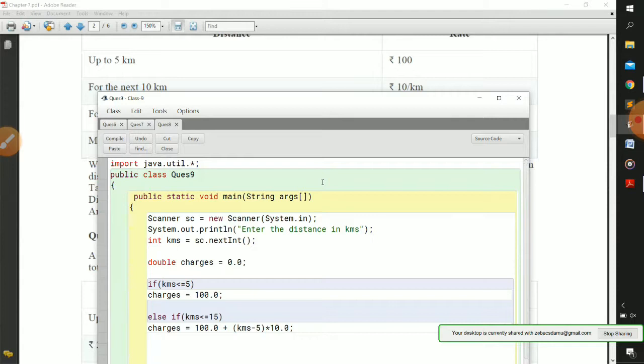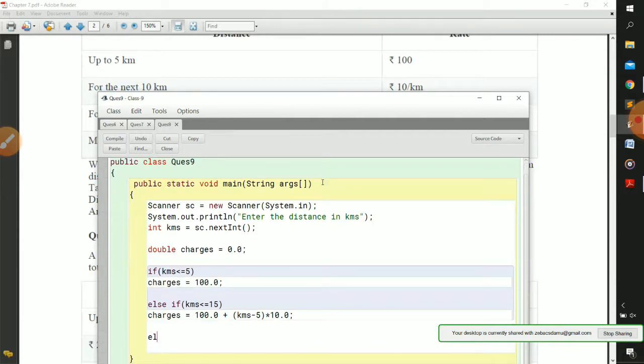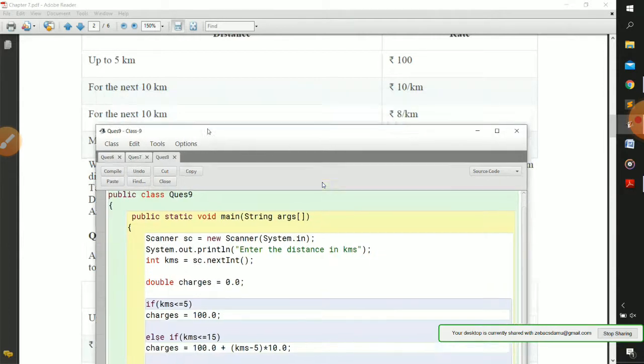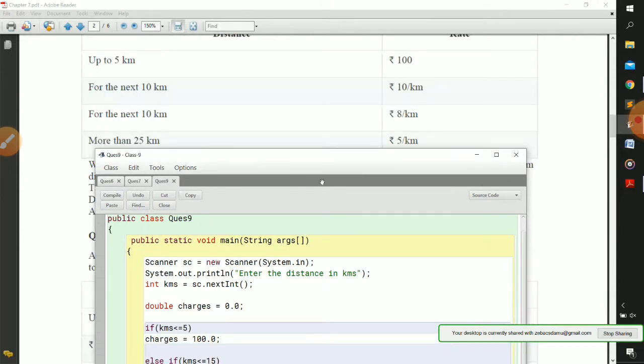Now for the third row, we also need to write else if. Let us see our third row. For the next 10 kilometers it is going to charge rupees 8 per kilometer.